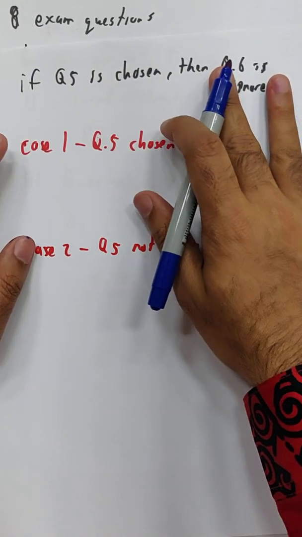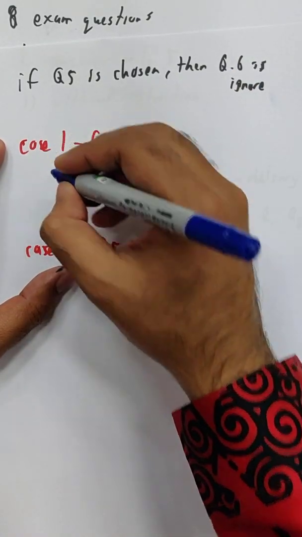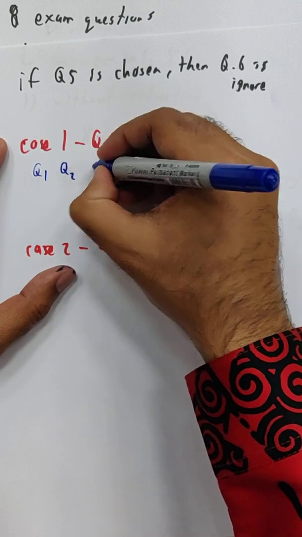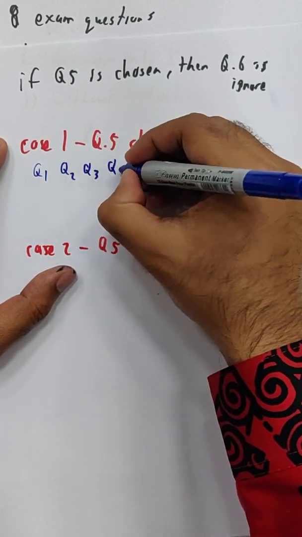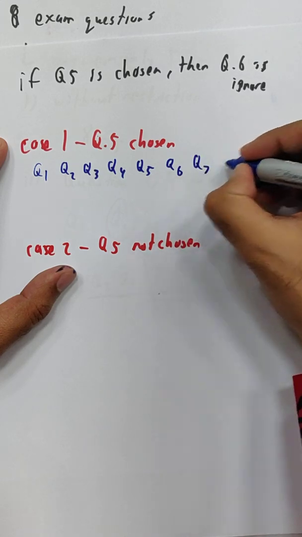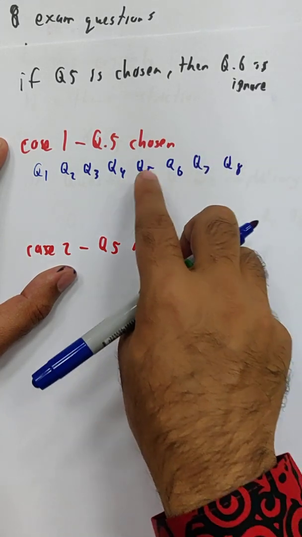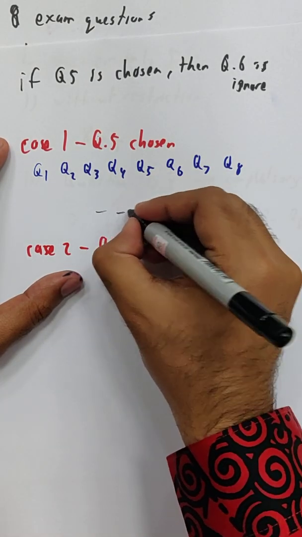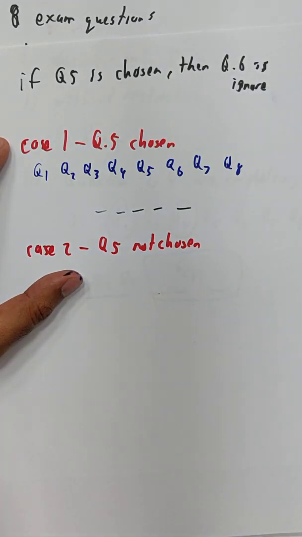Okay, so let's try to illustrate it. Let's say if I choose question 5. So there's a 1, 2, 3, 4, 5. We're going to choose 5 places.